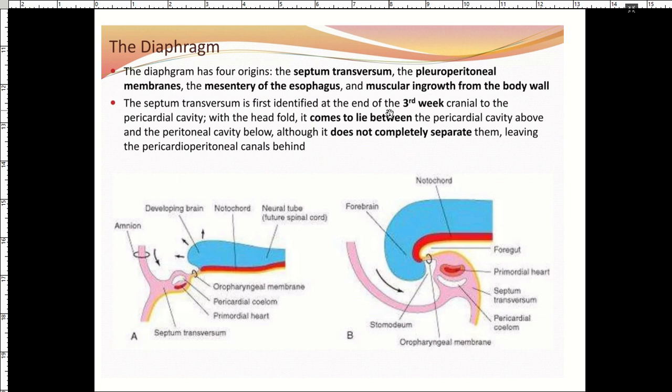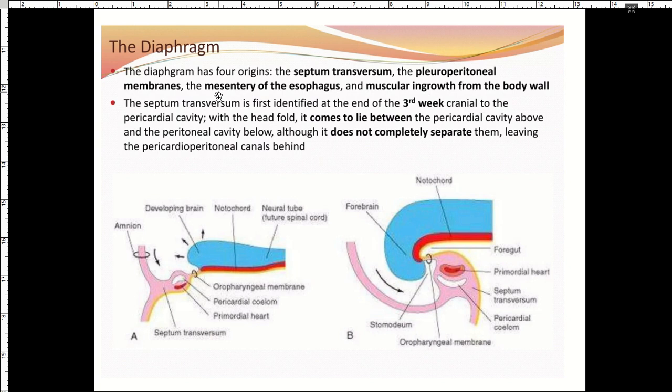You're going to have your pleuroperitoneal membranes, those that we just mentioned earlier. These are going to form the peripheral part of your diaphragm. You're going to have your mesentery of the esophagus, which is going to form the crura. Remember, your diaphragm has a right crus and a left crus.